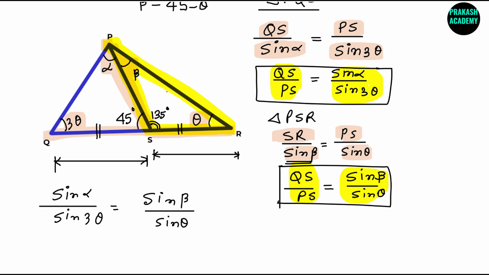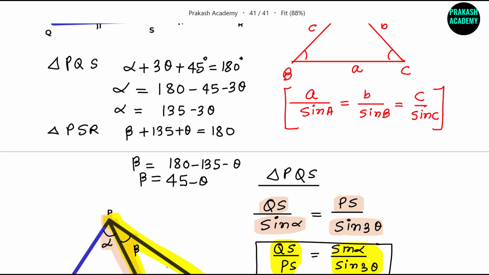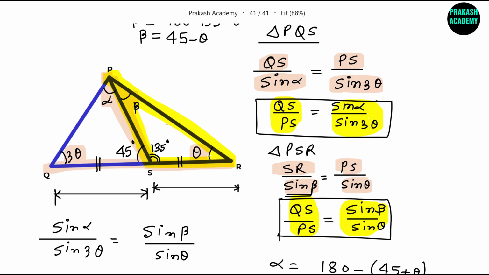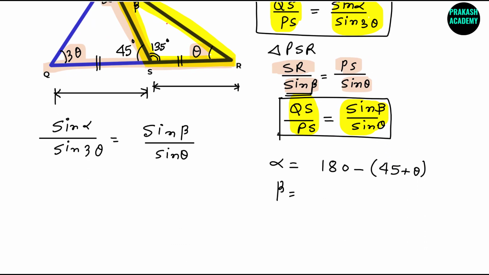If you remember, we have here that alpha is equal to 180 minus 45 minus theta. So this is alpha is equal to 180 minus 45 plus theta. And beta is how much? Beta is equal to 45 minus theta.